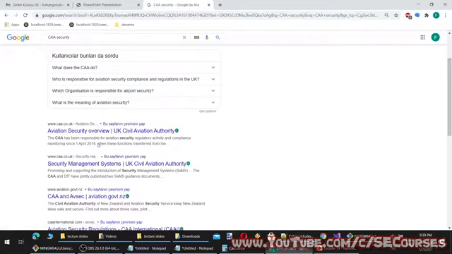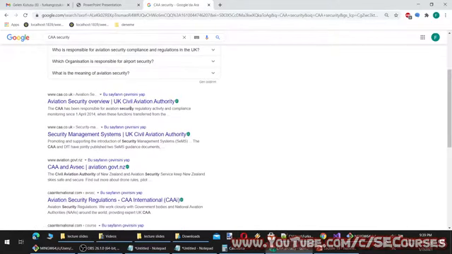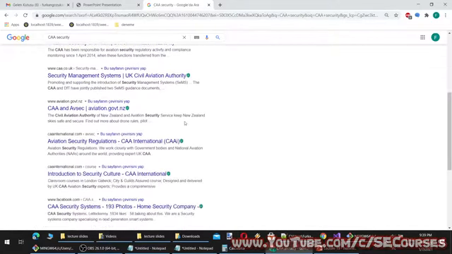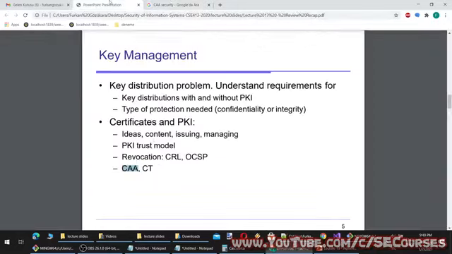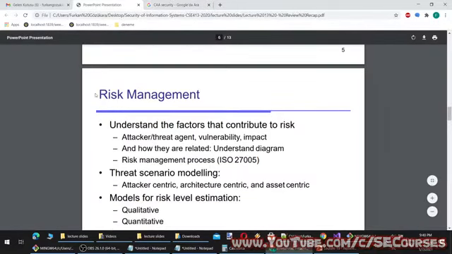Okay, it says aviation security online, civil aviation authority probably, and we may need to look for it. Okay, let's continue.